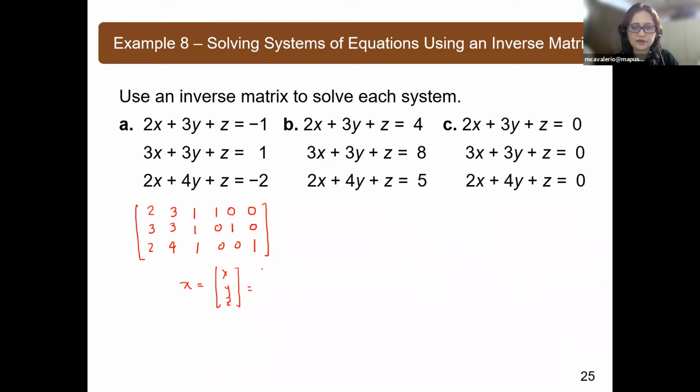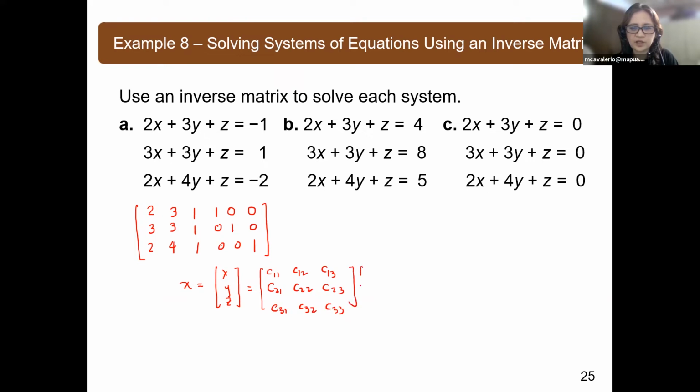So we will have here your inverse of A, and it's going to be a 3 by 3 matrix. Let's assign the inverse as having C11, C12, C13, then C21, C22, C23, C31, C32, and C33.